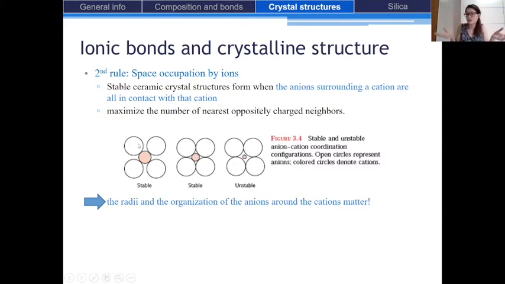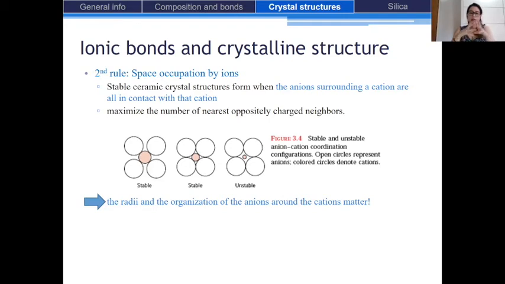Why big circles, bigger than cations? Because anions accept more electrons and cations give up electrons when ionized, so cations are ordinarily smaller than anions. That's why we represent the cation smaller than the anion.